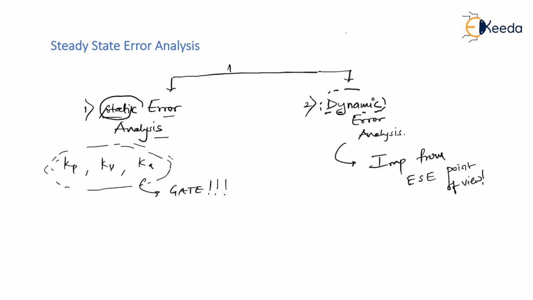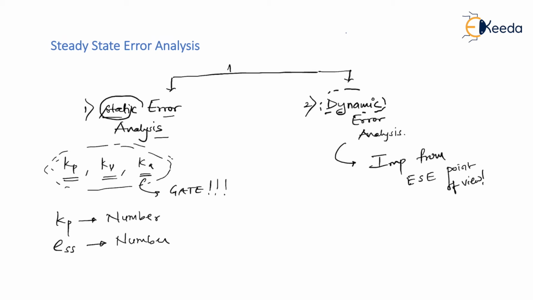In the static category, whenever you calculate coefficients like Kp, Kv, Ka, for example Kp, you will see a constant number, so you will always get the answer as a constant. Even the steady state error, if you calculate it here, appears to be a number, and a number never changes. Suppose I tell you ess equals 2. 2 is constant, it is static, it is not going to change with respect to time.